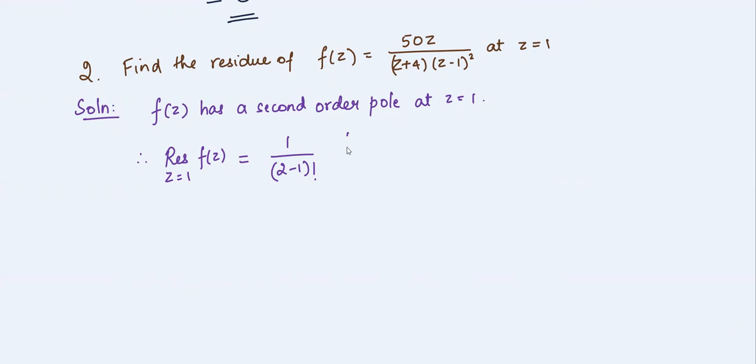Times the limit z tending to 1 of the derivative of (z minus 1) to the power m, m is 2, times f(z).